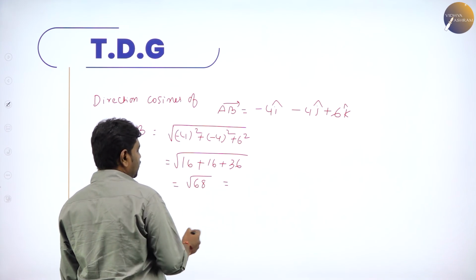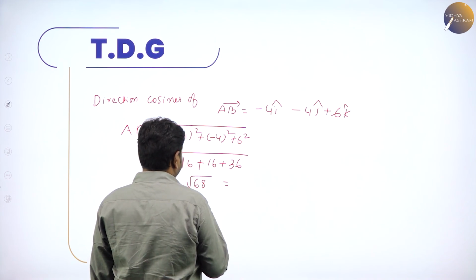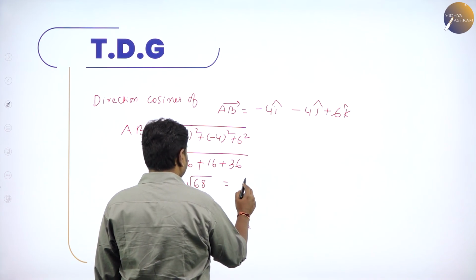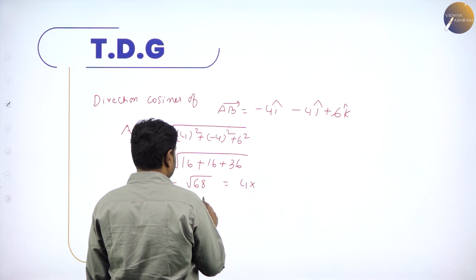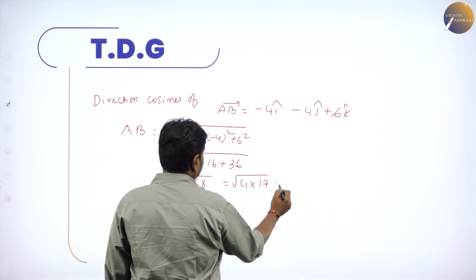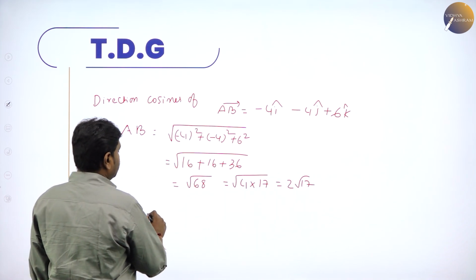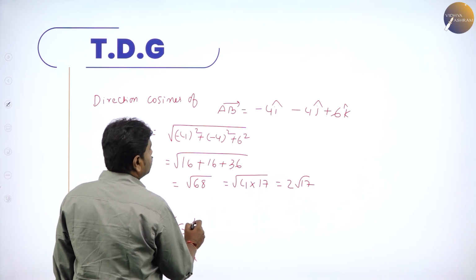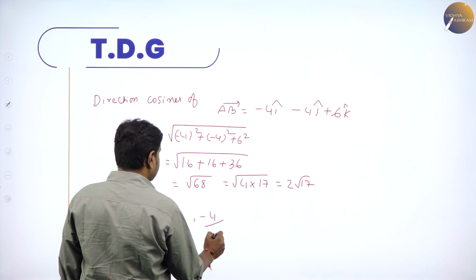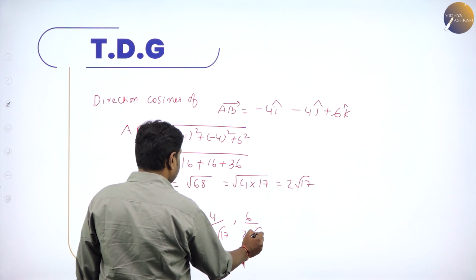It is divisible by 16. Therefore, 4 into 17, that is 2 root 17. Direction cosines are minus 4 by 2 root 17, minus 4 by 2 root 17, and 6 by 2 root 17.